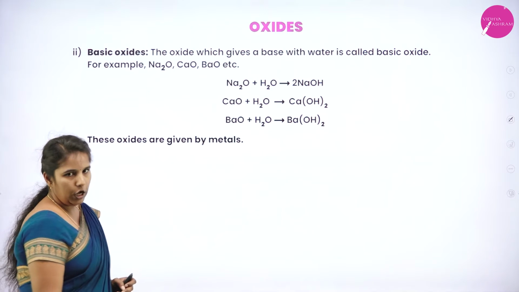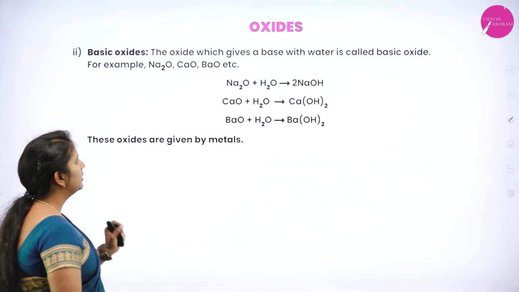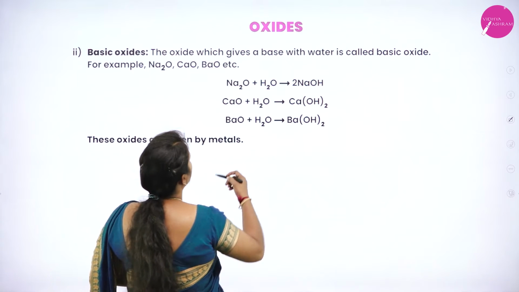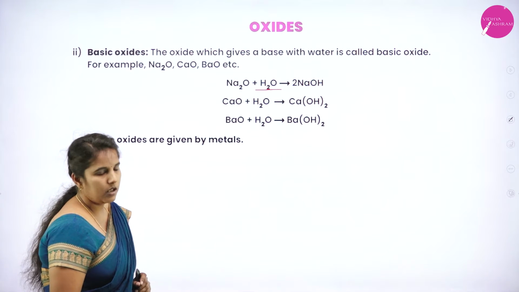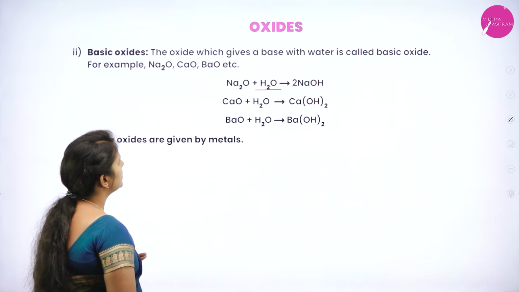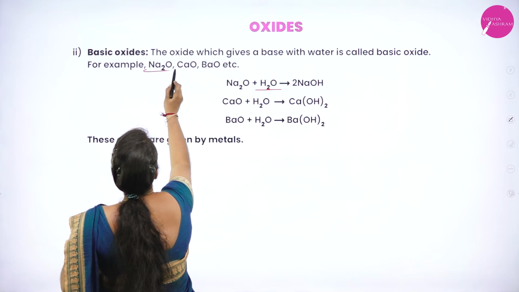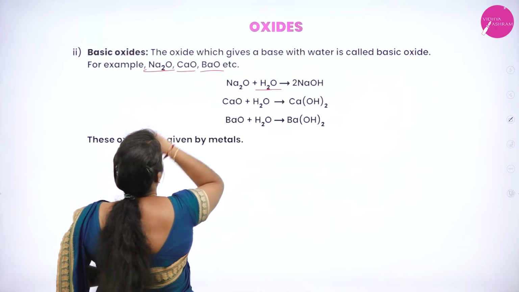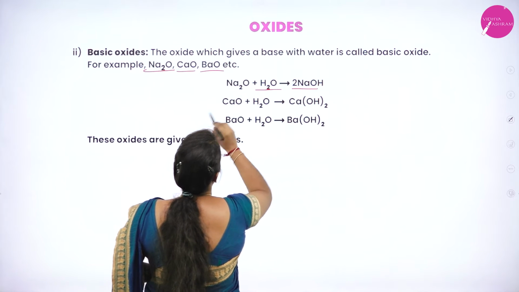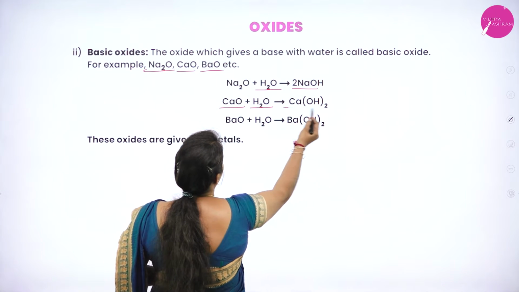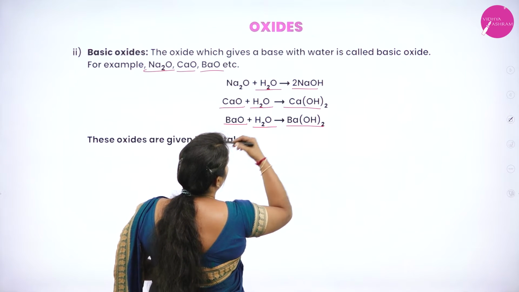Coming to the basic oxides, these are the oxides which combine with water to give a base. So the oxides which give a base with water are called basic oxides. Examples are sodium oxide, calcium oxide and barium oxide, etc. Sodium oxide combines with water to give a base, calcium oxide reacts with water to form calcium hydroxide, and barium oxide reacts with water to form barium hydroxide.